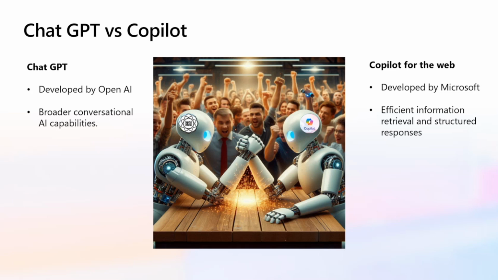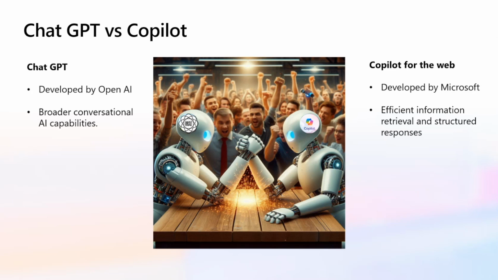Okay, so ChatGPT was developed by OpenAI, and it's usually used for broader conversational AI capabilities. If you compare that to Copilot for the web, this was developed by Microsoft, and it's more efficient at information retrieval and structured responses.